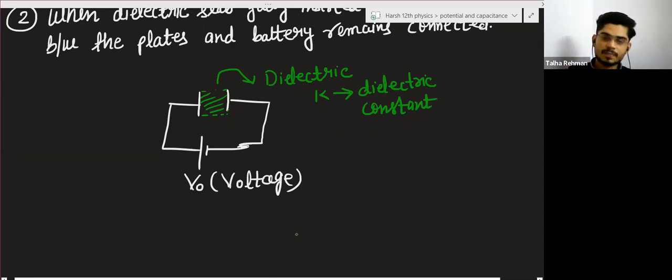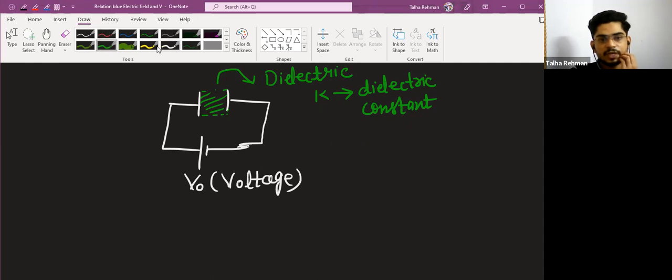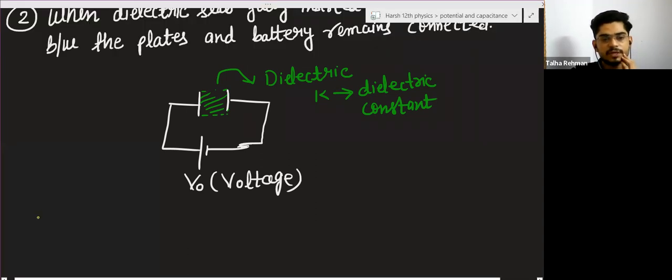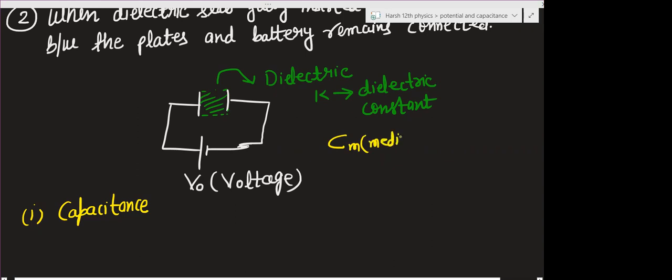Now, one by one we will calculate the capacitance, voltage, and all that. If I want to calculate the capacitance, I will represent it as Cm when some dielectric or medium is filled. Please remember this.